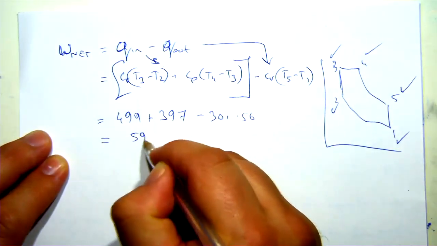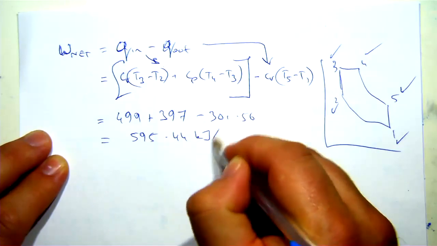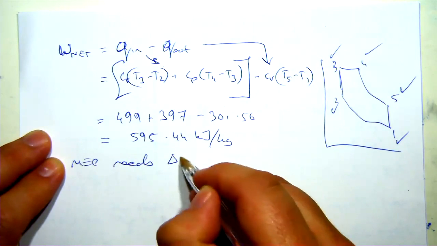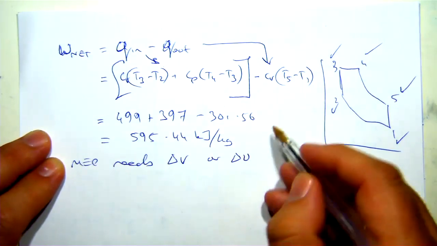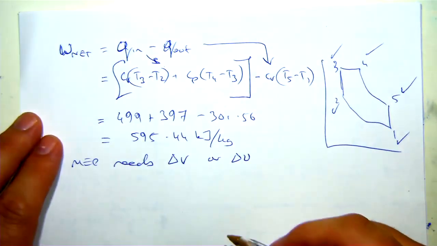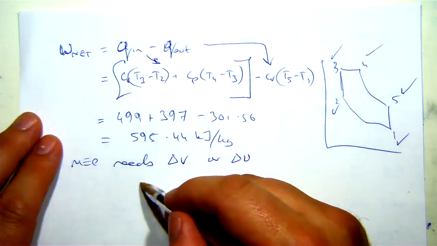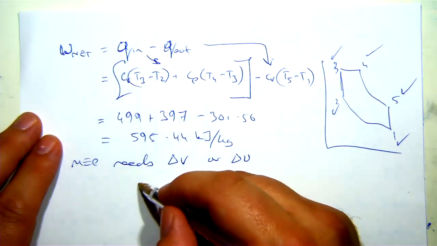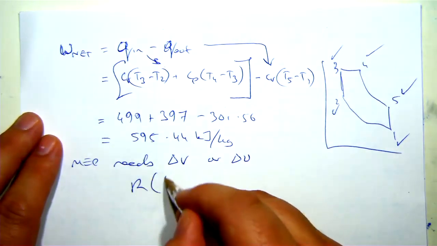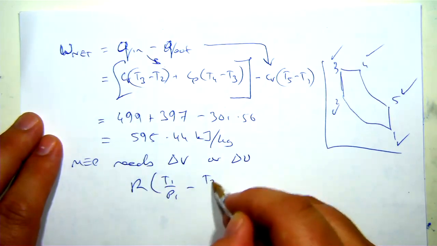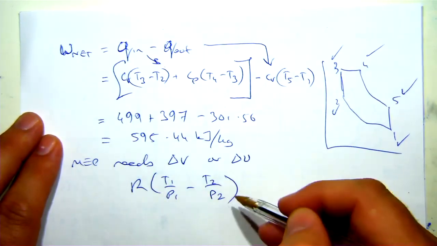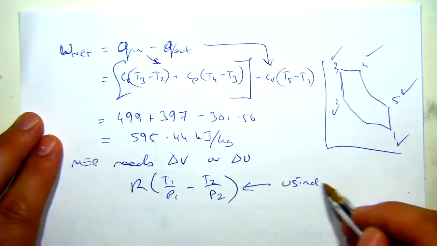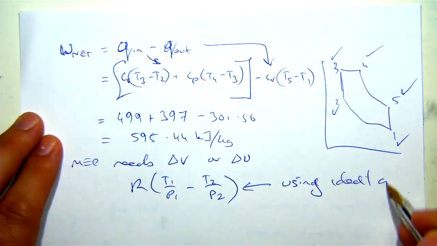I get 595.44 kilojoules per kilogram, and MEP needs delta V. I can get my delta V with my ideal gas law, which is R T1 on P1 minus T2 on P2. So this is using the ideal gas law.